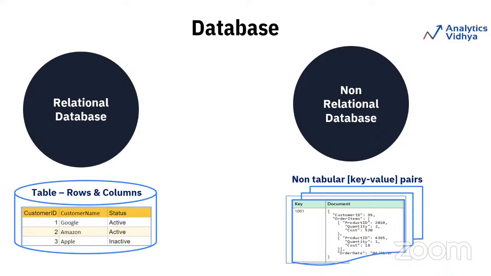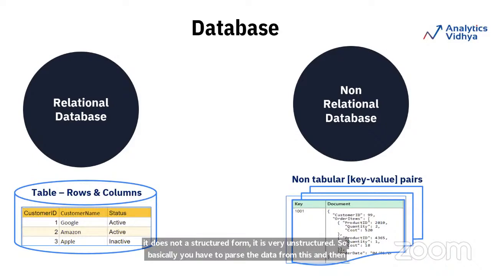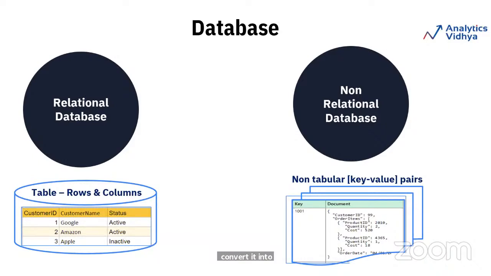There are different ways to build that logic for a non-relational database. But for SQL, most of the time we have the relational database, and we extract the data from the relational database, and SQL we use for relational databases.